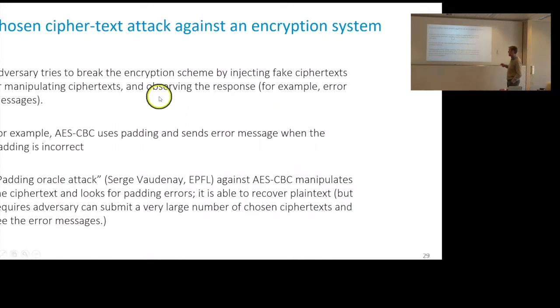In particular, if you send messages that are malformed because the padding is incorrect, what is padding? Well, we've seen that AES is a block cipher, so it has to create blocks of 128 bits. What if your message is not a multiple of 128 bits? 128 bits is 16 bytes.